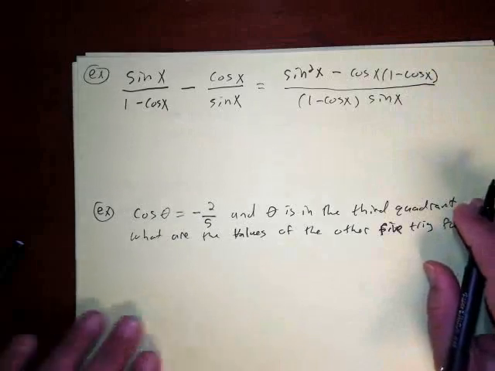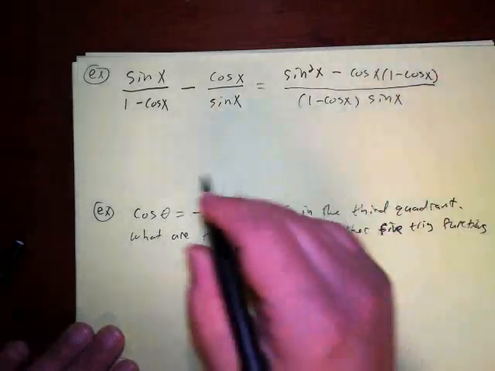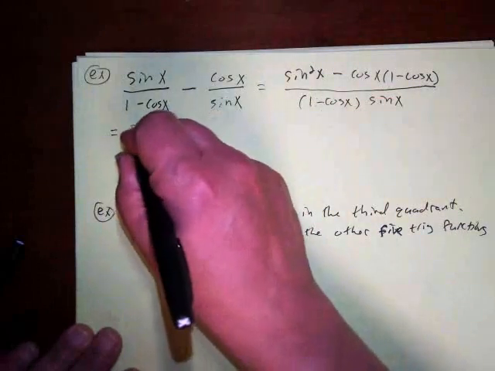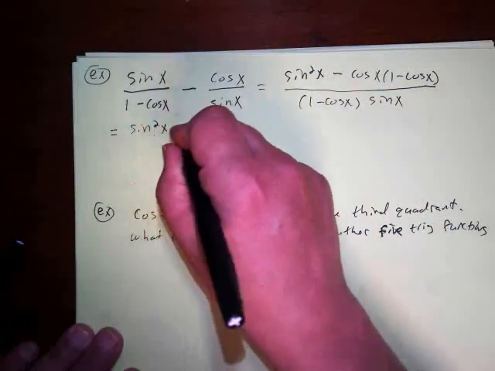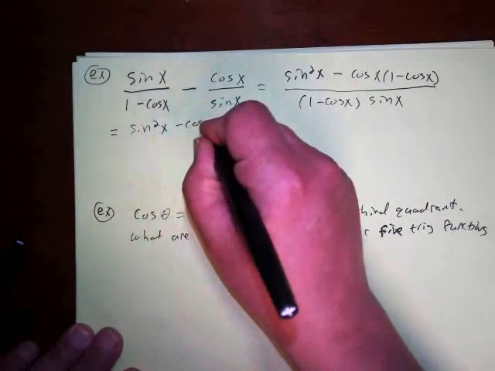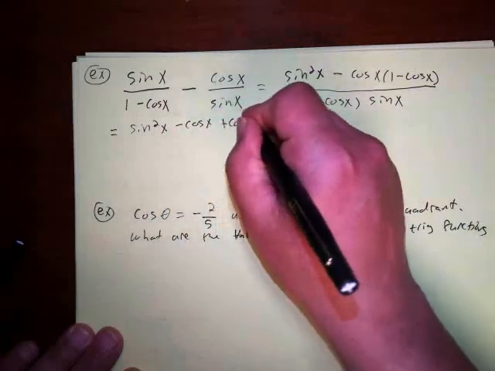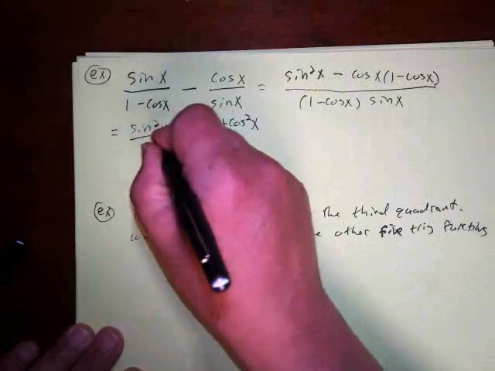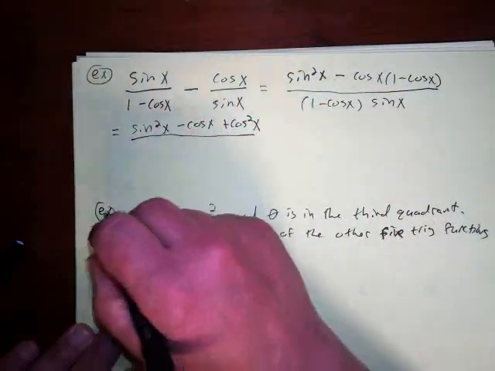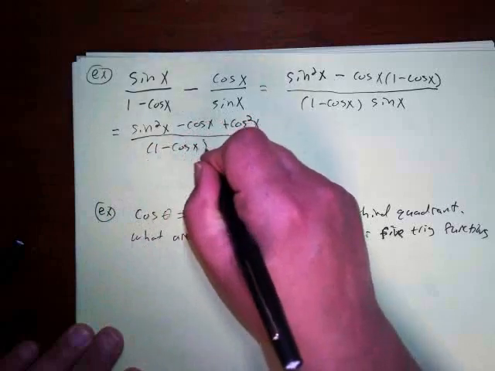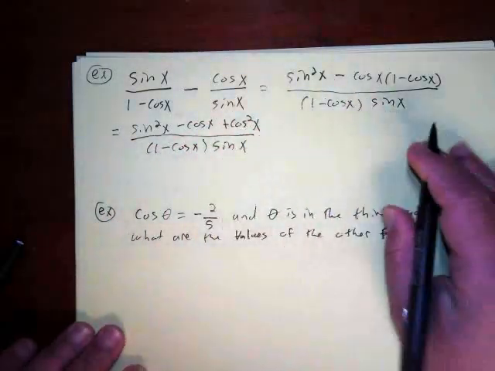Right? So that's pretty complicated, but now I can distribute the cosine over this. So that's what I'm going to do. Sine squared x minus cosine x, and I got to bring the negative with it, plus cosine squared x. And all of that will be over 1 minus cosine x times sine x.